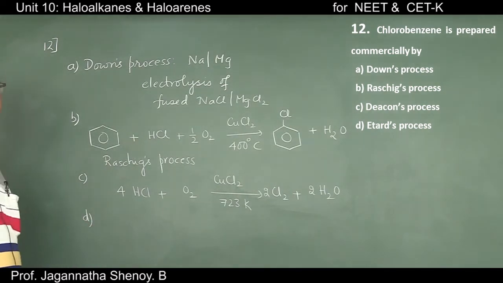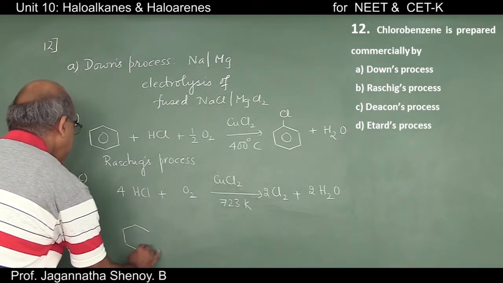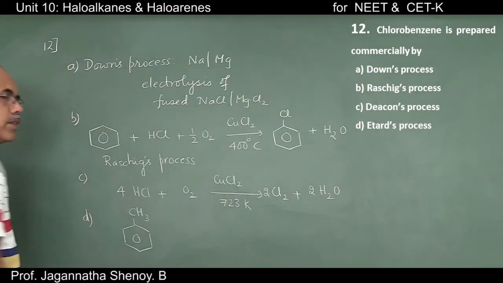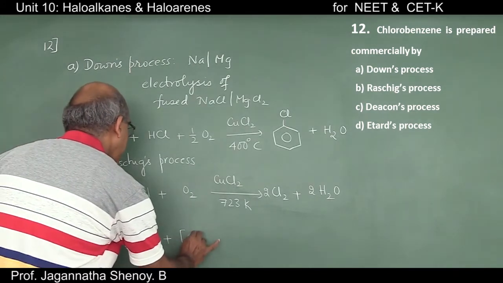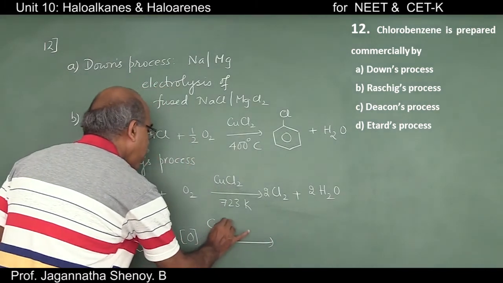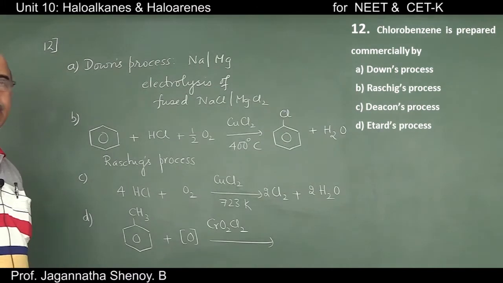Under aldehyde ketone chapter, you are going to study about this. Actually, we start from what is called toluene. We'll subject this to oxidation, and oxidation is carried out in presence of chromyl chloride. Chromyl chloride is CrO2Cl2.